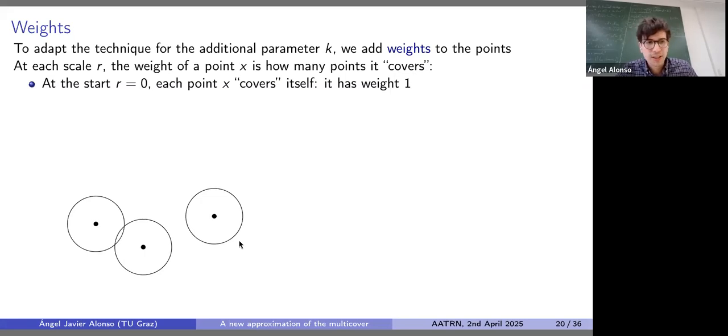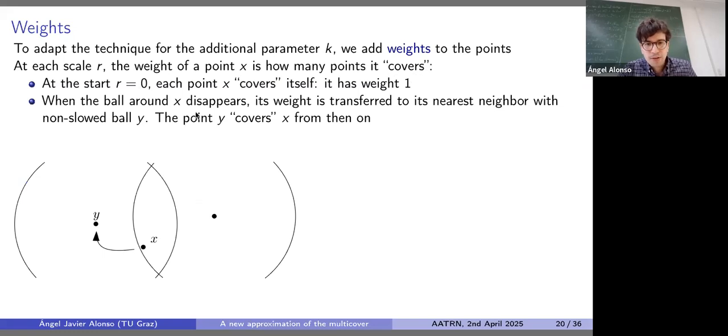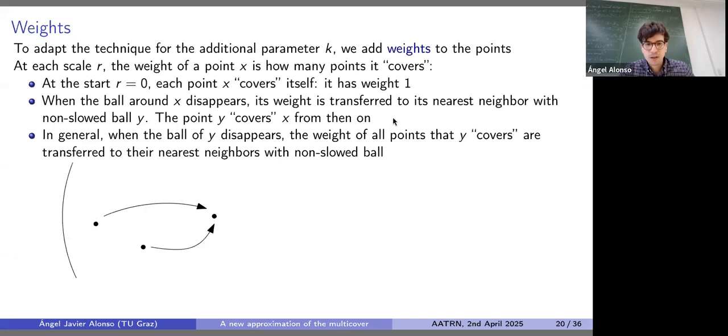Remember that we slow balls down and then we remove them. So when the ball around x disappears, its weight is transferred to its nearest neighbor with a non-slowed ball, in this case y. I depict it like this arrow. So now at this point, y has weight 2. It covers itself, and it also covers x. In general, when the ball of a point, let's say y, disappears, the weights of all points that y covers at that point are transferred to the nearest neighbor with a non-slowed ball.